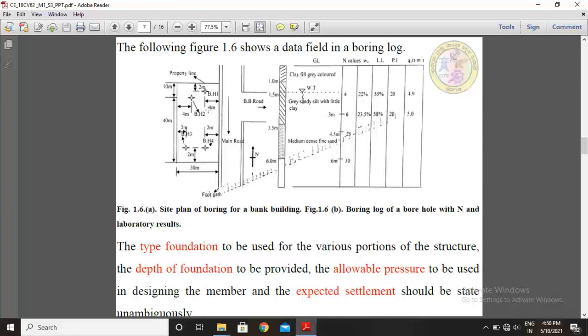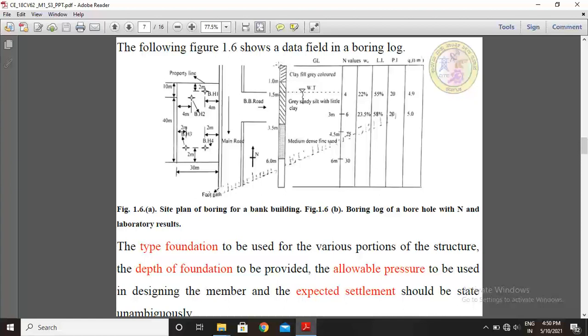So with the different locations, different borehole numbers are mentioned in this proposed construction site, and out of these boreholes, one borehole is given as a typical boring log. This is the depth of foundations with different depths.